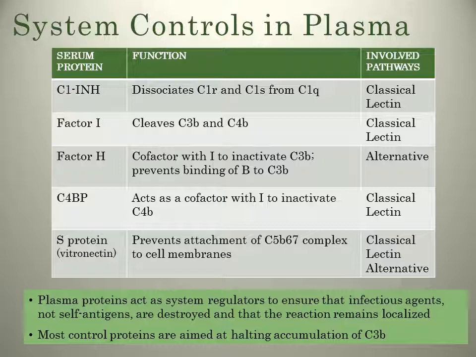It turns out that a small amount of complement is constantly trying to convert C1 and cleave it. And so it's kind of like when you're in your car and you're sitting at a red light. Even though you're not pushing on the gas, if you take your foot off the brake, you'll creep forward a little bit.